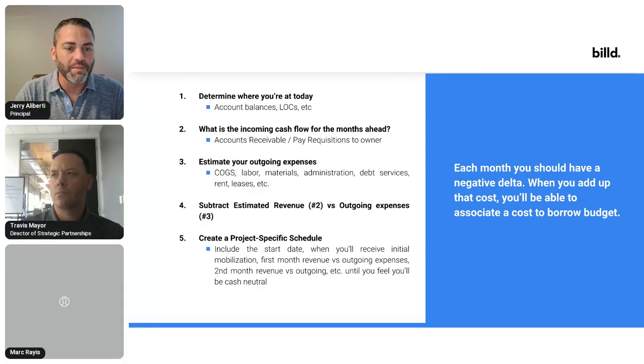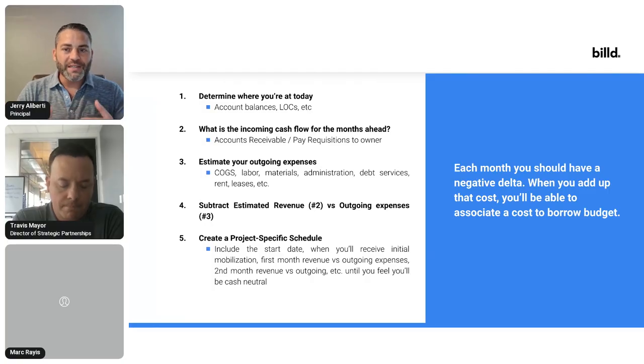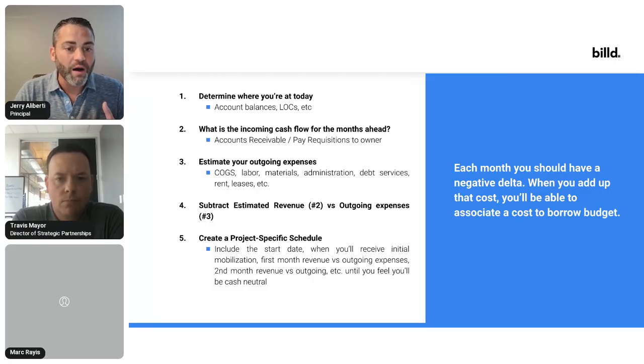That's just the rule of thumb in the industry. I've talked to a lot of subcontractors who specifically say, we're giving you a better price than your competition because we know you guys are good payers. So obviously that plays a major part in developing this per month revenue versus outgoing expenses as well.